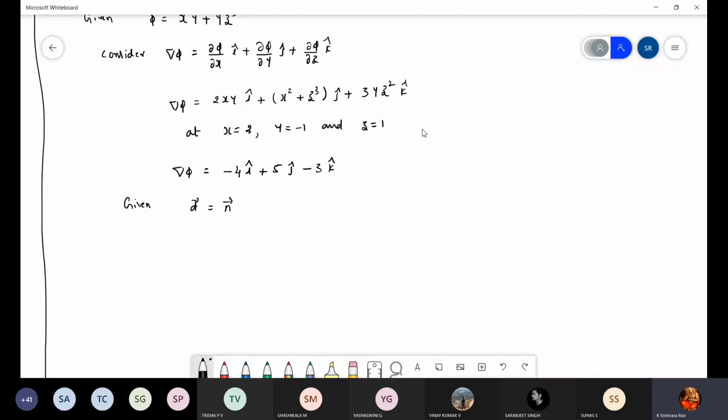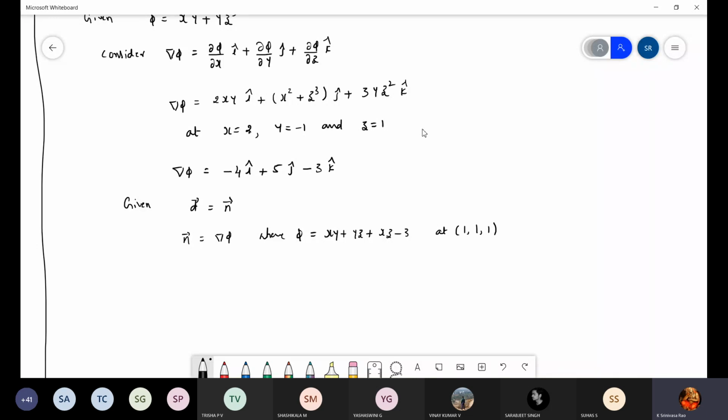So vector n equals grad phi, where phi equals, write down the second surface, phi equals xy plus yz plus xz minus 3. You take the 3 to the left hand side, at 1, 1, 1. So this is actually vector n, the normal vector, and the normal vector is nothing but d.